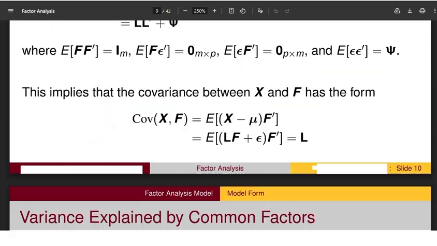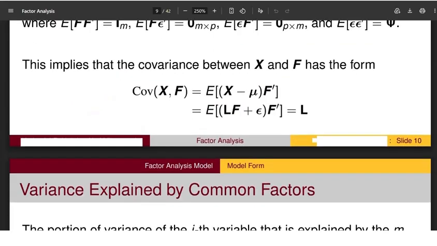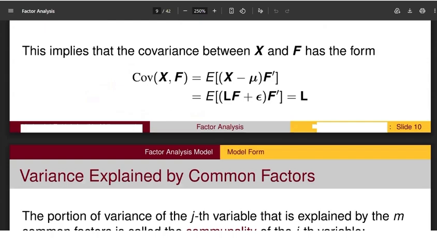Now, the next thing that we want to talk about: can we investigate if there's any relationship between the feature and the factor? Of course, if I want to know whether a relationship exists between original features and the factors, the covariance should not be zero.